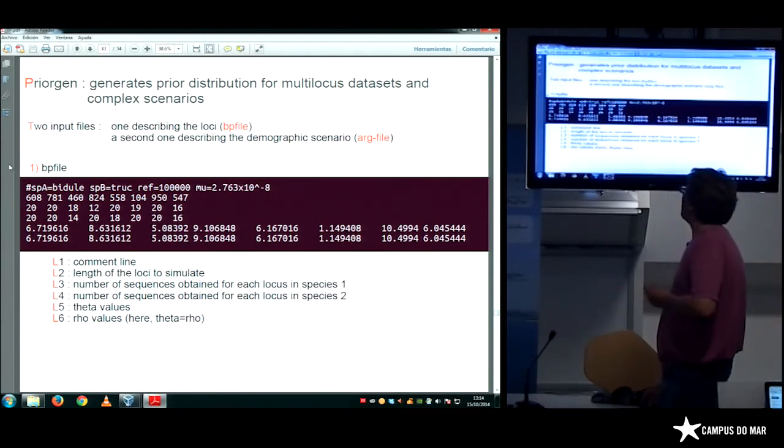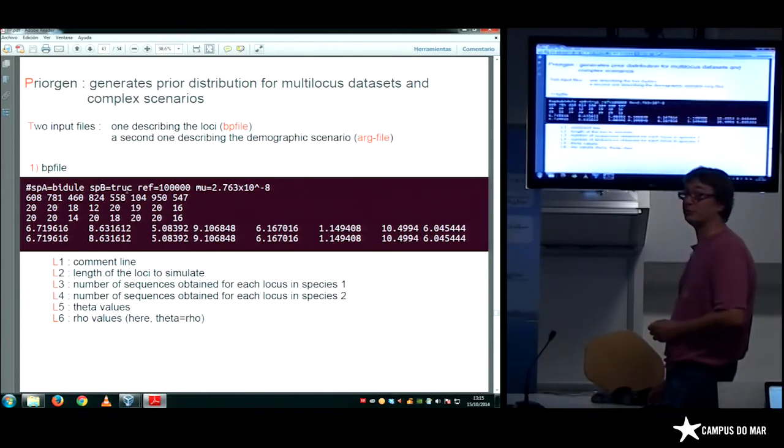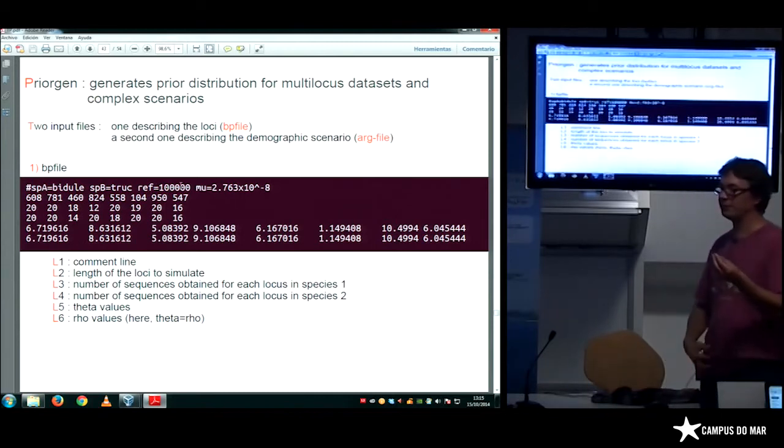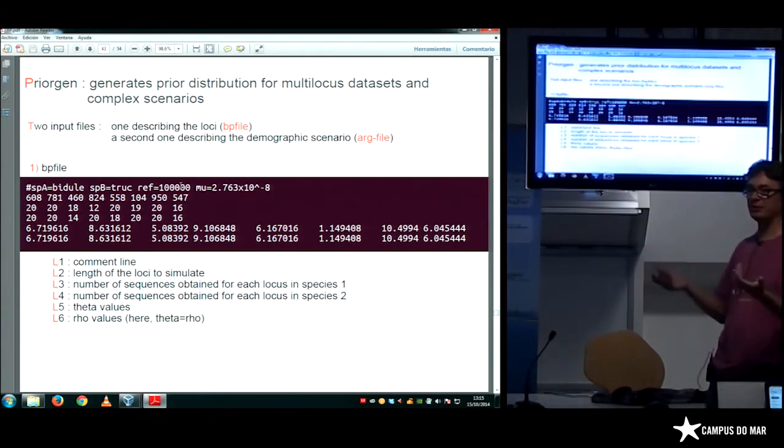So you have one line of description of the file. Here species A is bidule, actually it's Mytilus edulis. Species B is truc, actually it's Mytilus galloprovincialis. Ref is the reference population size. It's an arbitrary value.